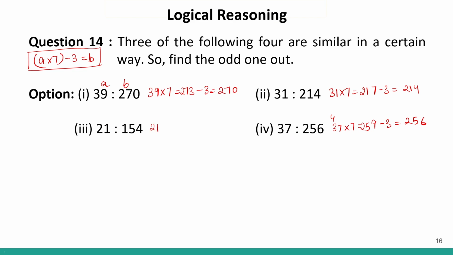Option number 3, 21 into 7 is 147. And if I subtract 3, I'll get 144 and not 154. So for option number 3, this is not the correct logic. Therefore, option number 3 would be the odd one out. Clear? For every option 1, 2 and 4, this logic was being used: multiplication by 7 and then subtraction by 3.